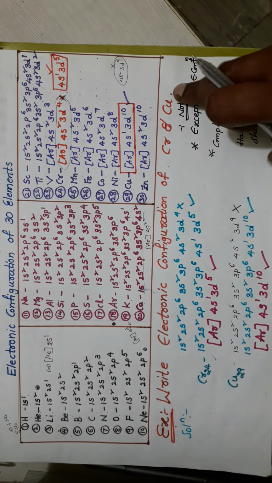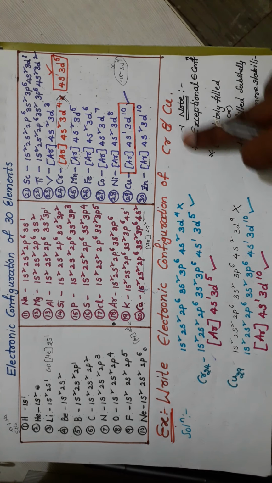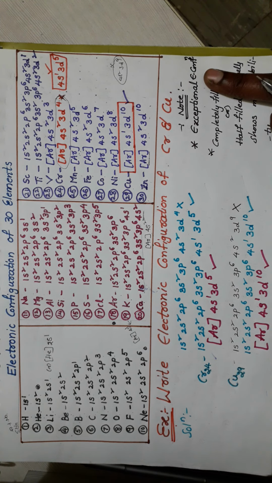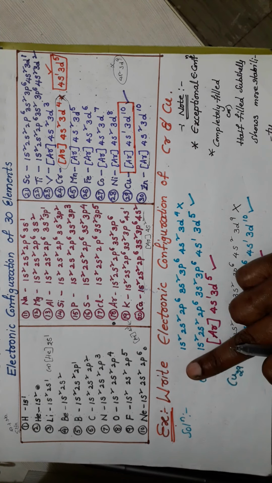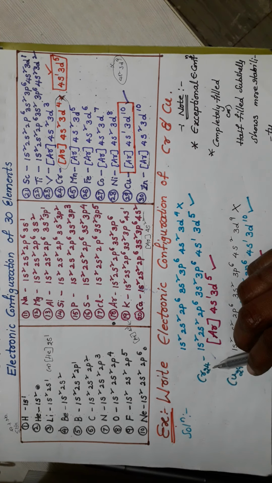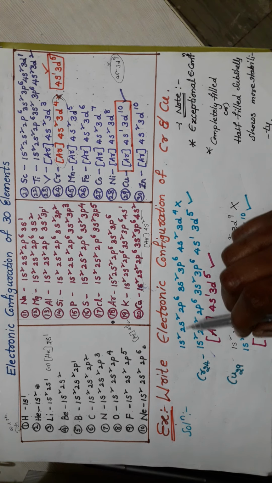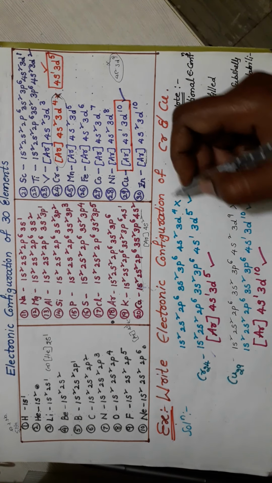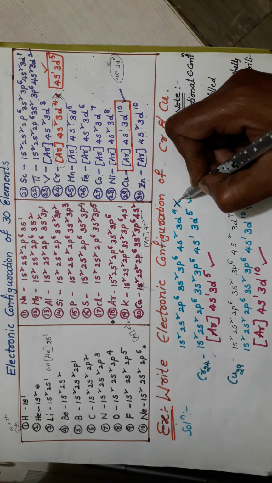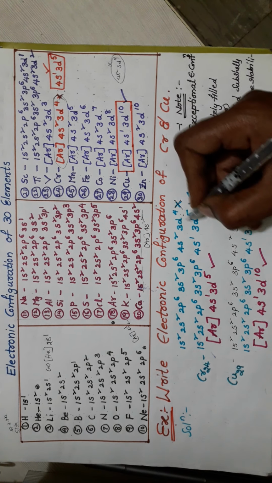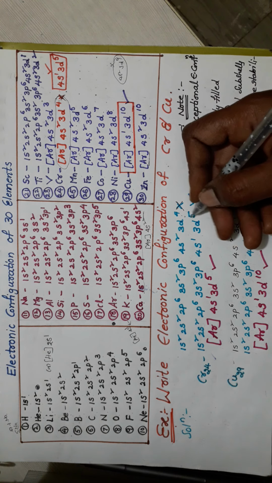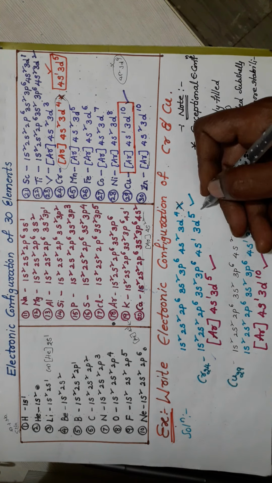Here, why do I take these two examples? These chromium and copper, these two elements are showing exceptional electronic configuration. For example, generally if you take chromium, atomic number 24: 1s2 2s2 2p6 3s2 3p6 4s2 3d4, but it is not correct. Why? Because the s orbital donates one electron towards the d orbital side, so it gets d5.